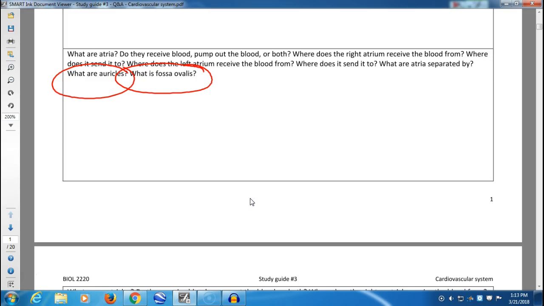Speaking of atria, ventricles, blood flow, we can basically just speak it out now. So right atrium receives blood from vena cava, from systemic circulation. It is low in oxygen. Then blood flows from right atrium through the tricuspid valve to the right ventricle.